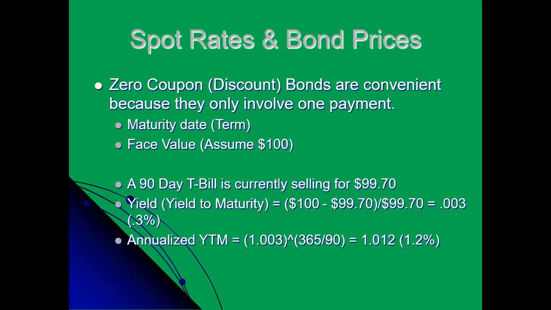But if we use, for example, 360, so 0.003 times 360 over 90, or the reverse of that. 365 over 90 is actual days. 360 over 90 would be ordinary interest, or we call that the business days or the business calendar composed of 360 days.